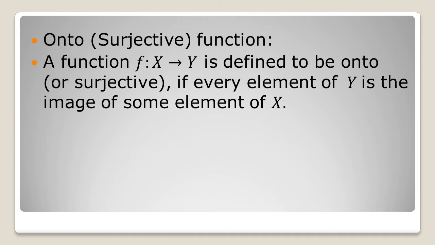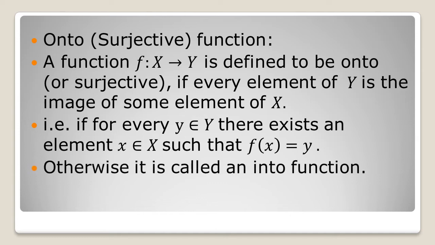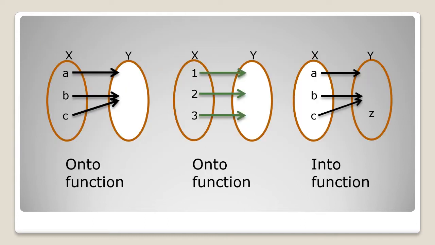Means y is the codomain here, and every element of the codomain must be an image of some element of the domain. You can consider an element y from the codomain, and for that y there must exist an element x in the domain such that the image of x becomes y. Otherwise it is called an into function.